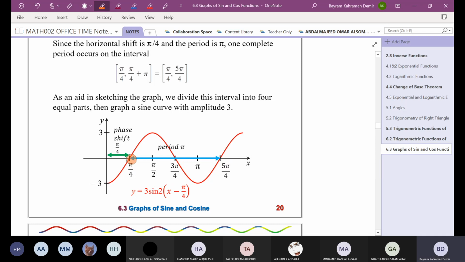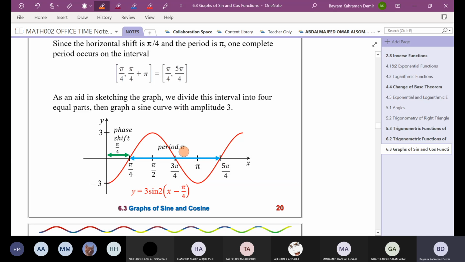So I am starting from pi over 4. Up and down. This is one period. Now, you see, Shabab, from pi over 4 to the last point here, it is one period.